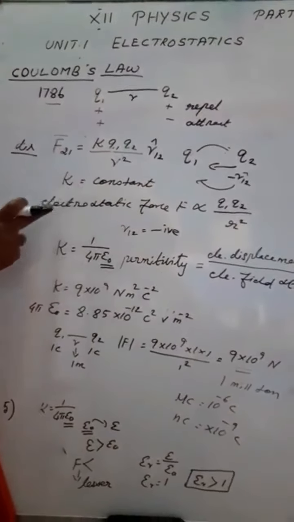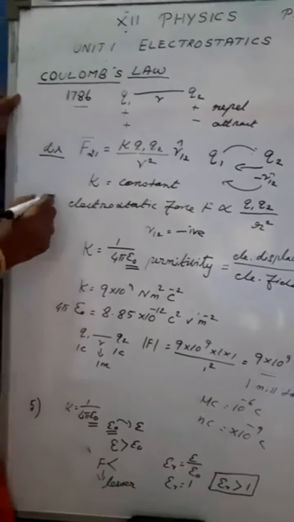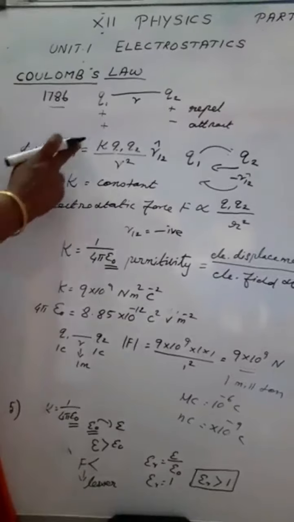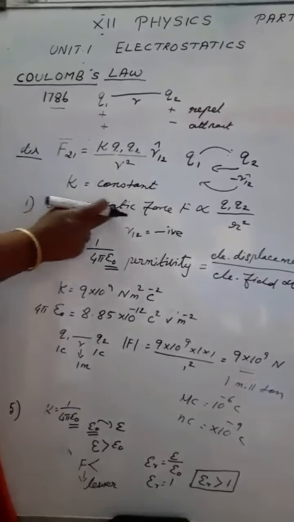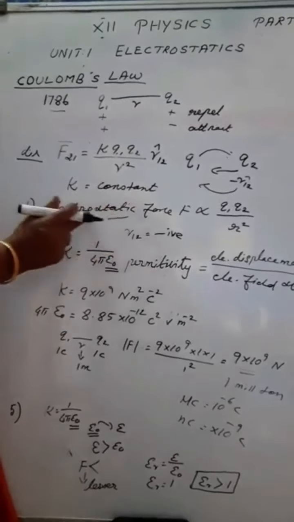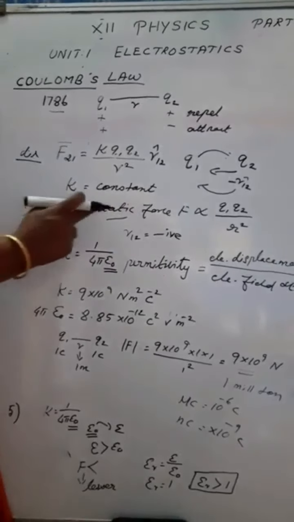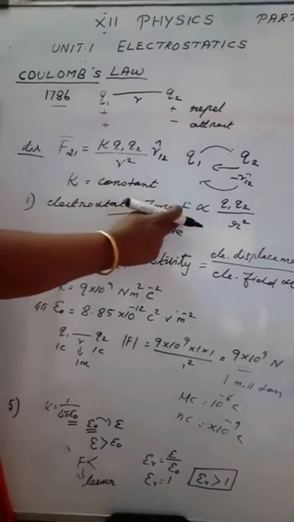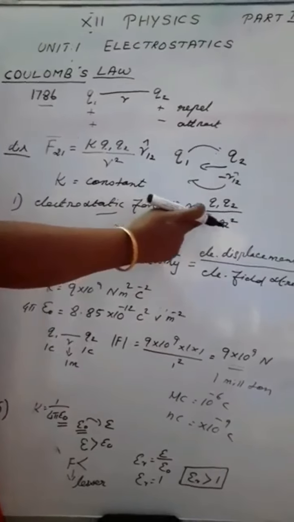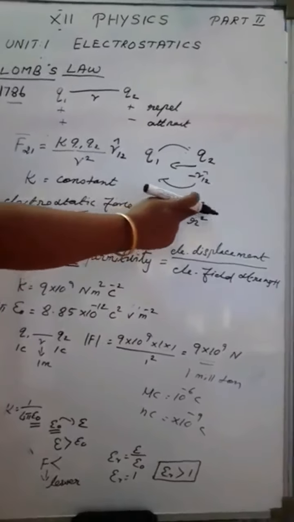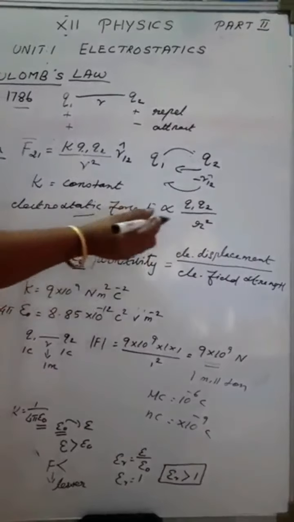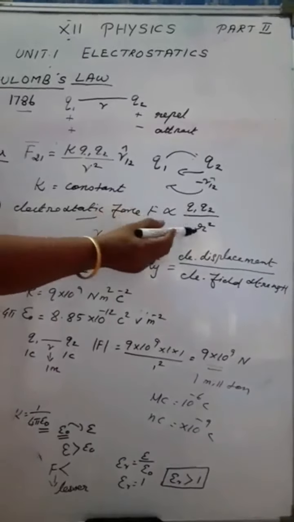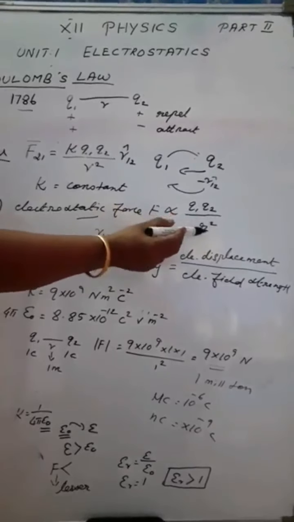Here we have to see some important aspects of Coulomb's law. First aspect, the definition of the law. Coulomb's law states that the electrostatic force, that is very important, electrostatic force, is directly proportional to the product of the magnitudes of the two point charges and inversely proportional to the square of the distance between the two charges.